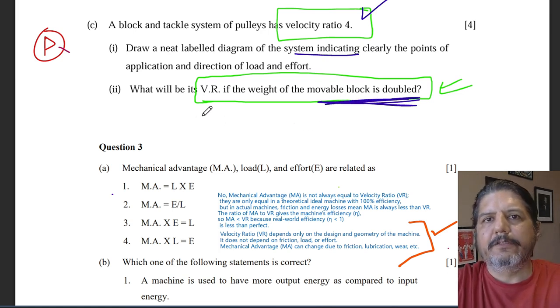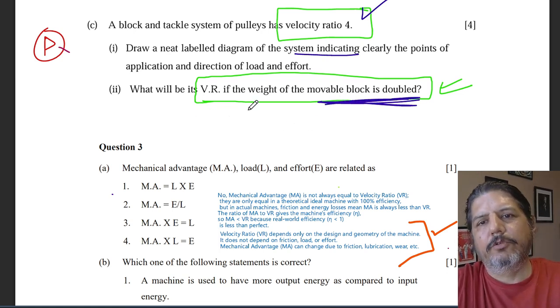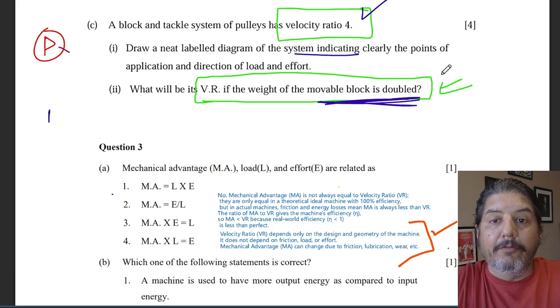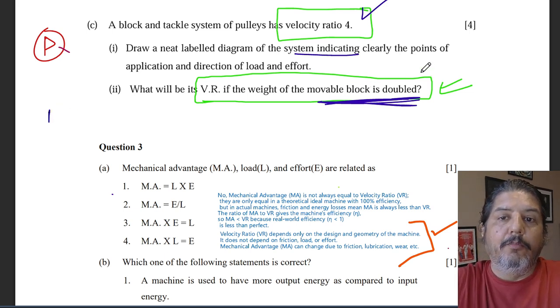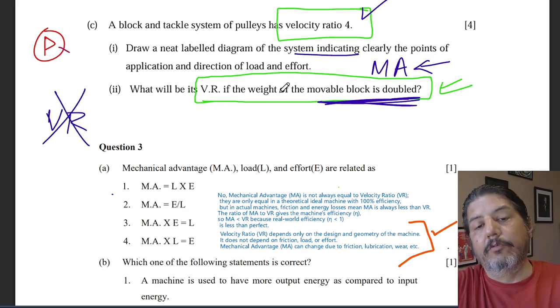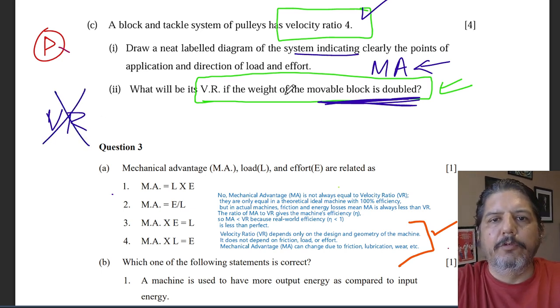We'll be discussing this weight of the movable block going ahead. But here, the weight of the movable block will only affect the mechanical advantage. Velocity ratio won't get affected. Remember that. We'll be discussing this in detail going forward.